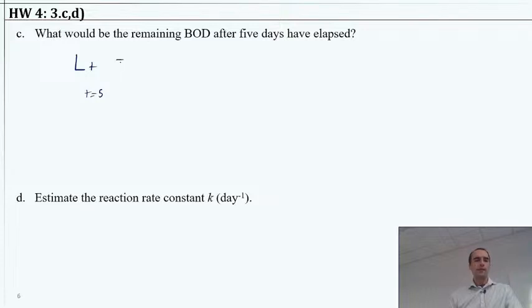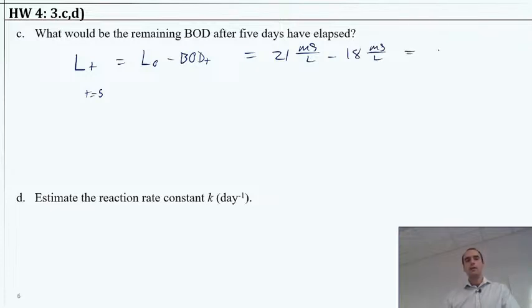So L at 5 days we can describe mathematically as L0 minus BOD at time T, where T is 5. That's 21 milligrams per liter that we just calculated minus the 18 that we calculated, which gives us 3 milligrams per liter remaining as our answer. Very plain and obvious written that way.